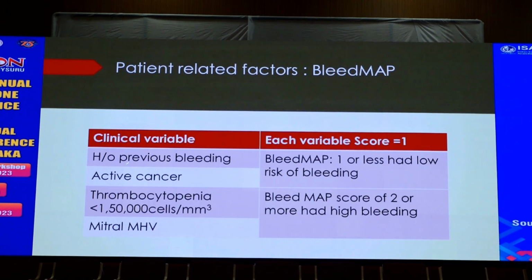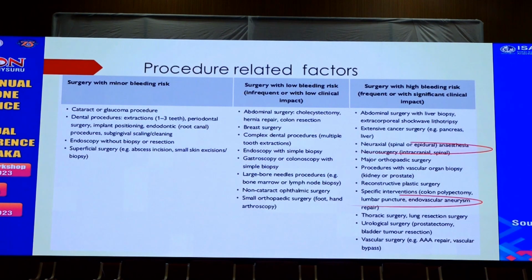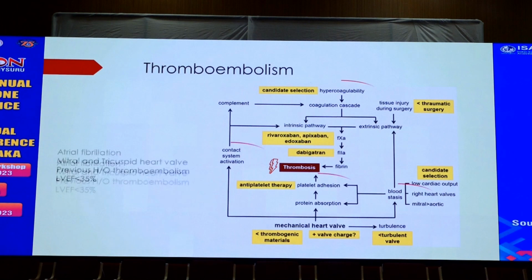These are the patients who can have a bleeding risk: platelet count less than 1 lakh, mitral mechanical heart valve, active cancer, history of previous bleeding. When there is a high patient-related risk, bridging will cause increased bleeding. Coming to the surgical factors, the procedures we commonly use also carry high surgical risk, so we have to consider this factor.